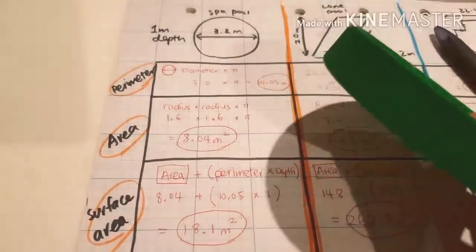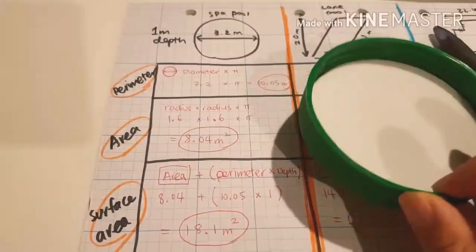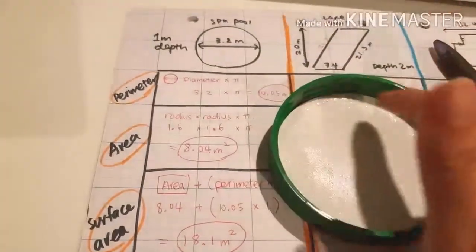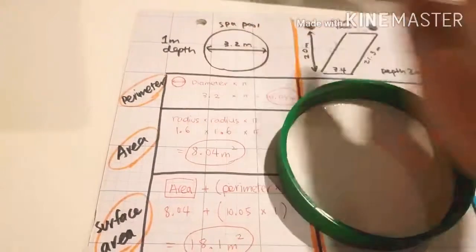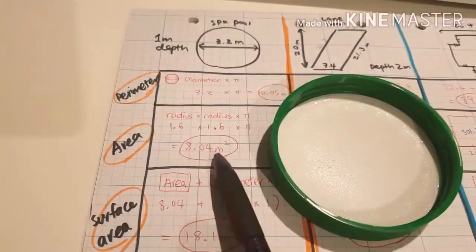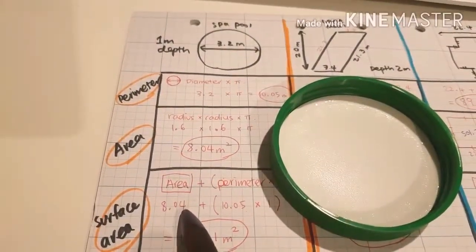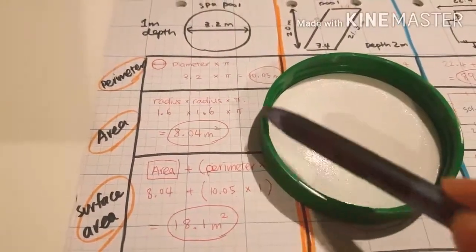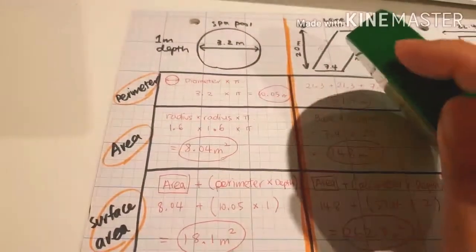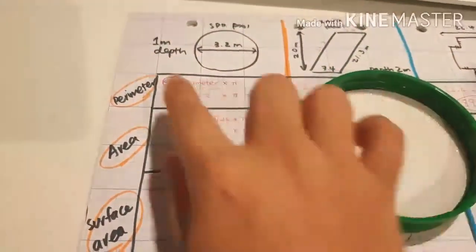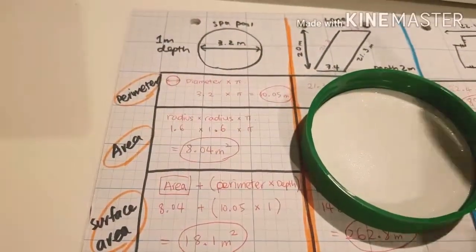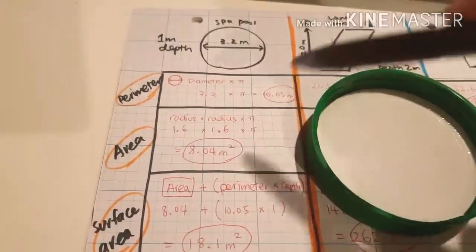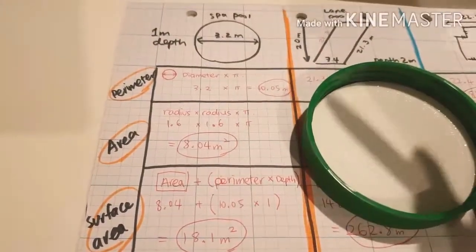When calculating the surface area of a 3D shape, you always find the base area, which is the circle we calculated here, plus always the circumference, the perimeter, times the depth, in this case 1 meter depth. That is the formula to find the surface area of the side.